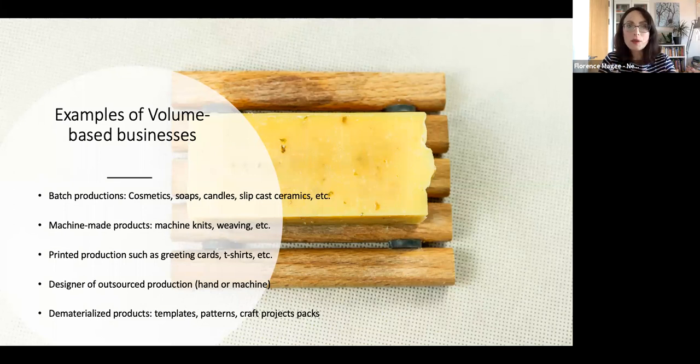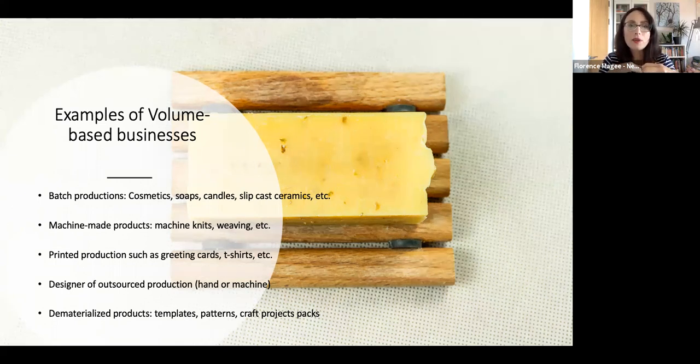Again, using machines to produce, that can go into the next category as well, but there is a sliding scale between the first model and the second model, and finding where you sit is quite difficult and very important.